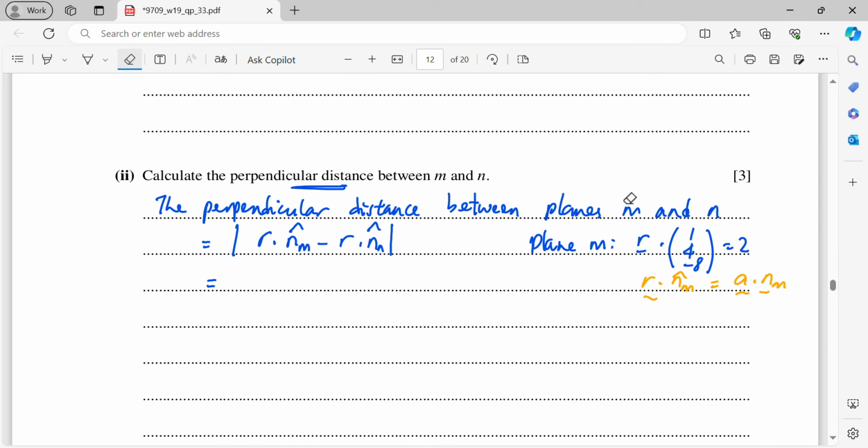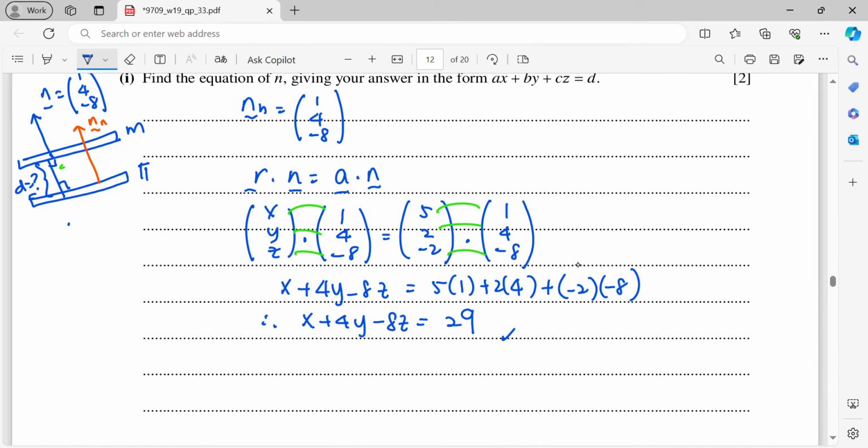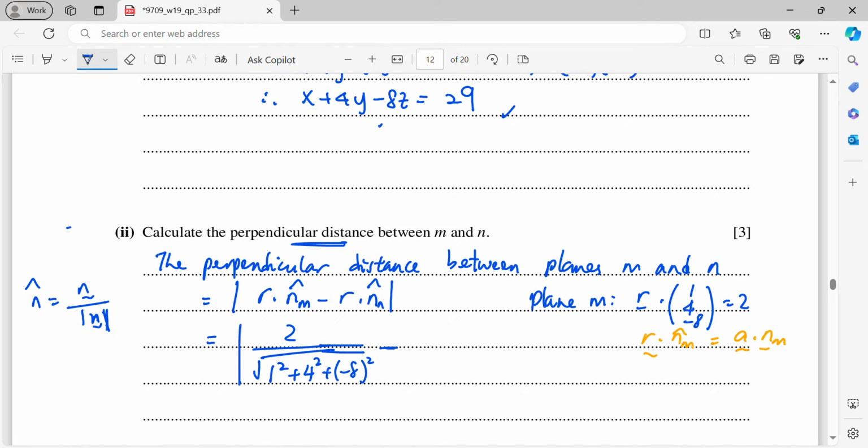In order to get the hat, that is a unit vector, the vector divided by its magnitude, I will take 2 over the magnitude of n, which is the square root of 1 squared plus 4 squared plus minus 8 squared. Minus the other plane, so 29 over the magnitude of the vector.